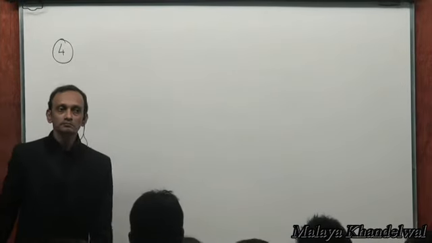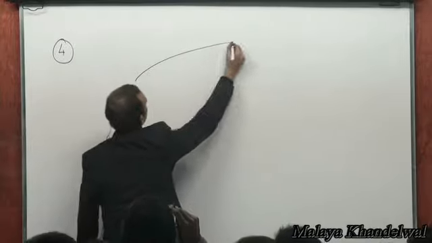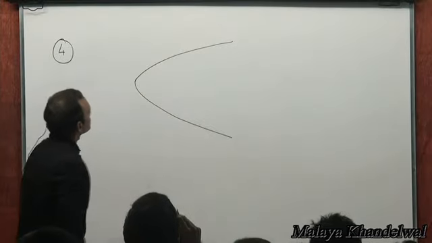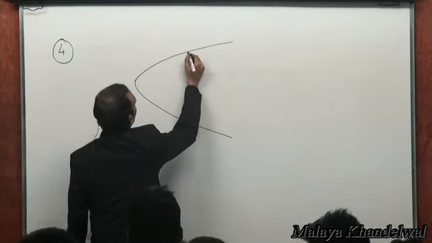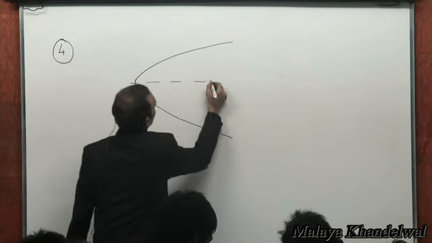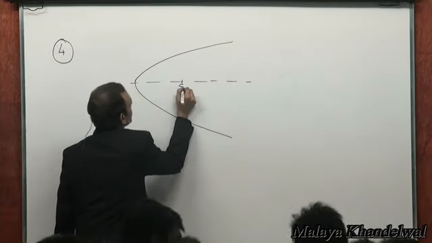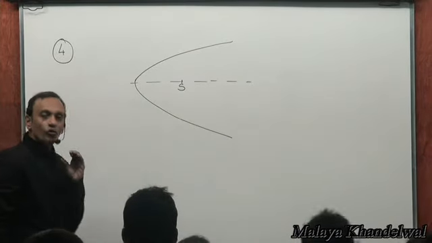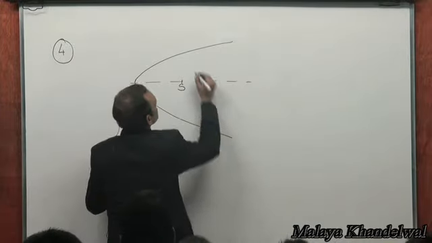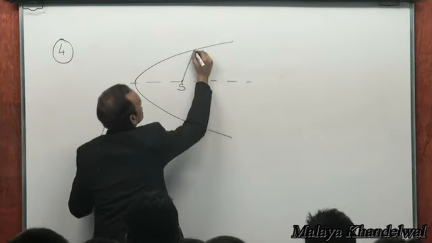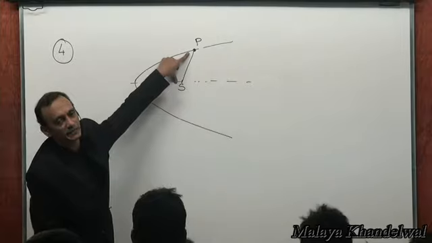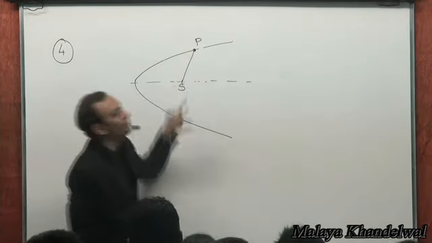Property 4. Parabola, focus S. This SP is said to be the focal radius at P. SP is the focal radius at P.